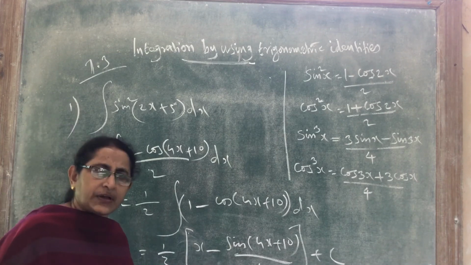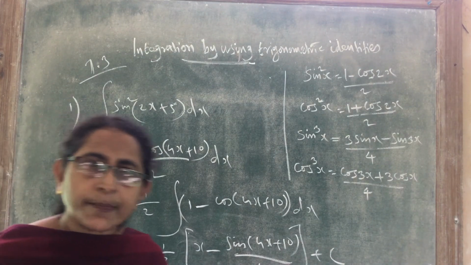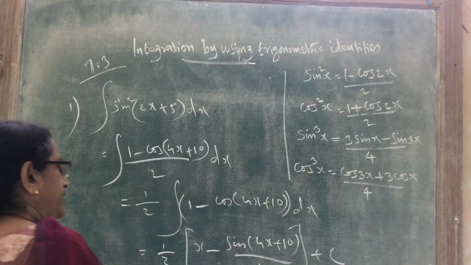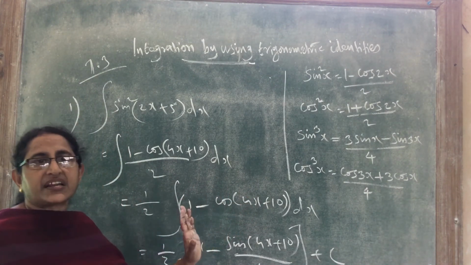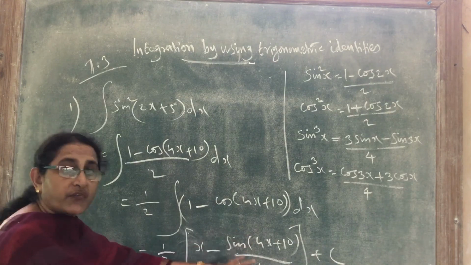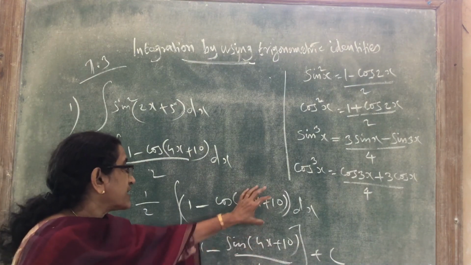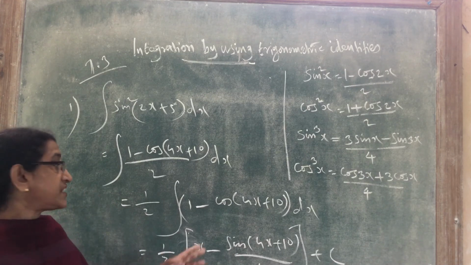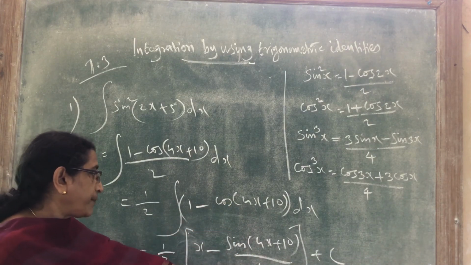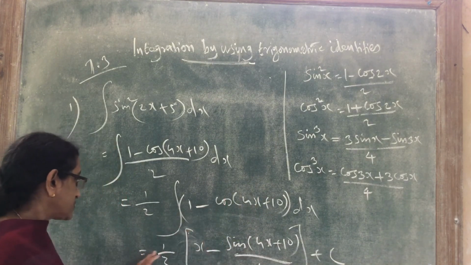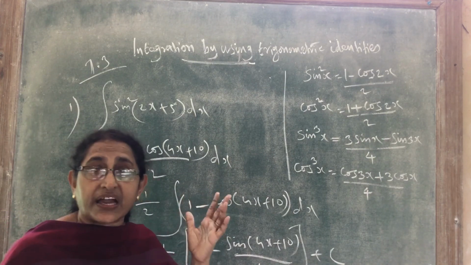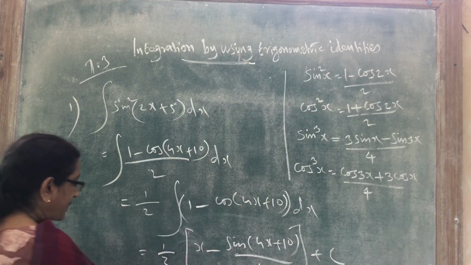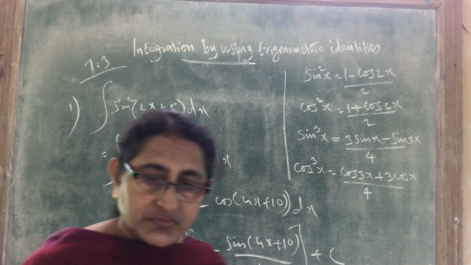That is actually the substitution method, but in this case we write it directly. The integral of cos 4x plus 10 is sin 4x plus 10 divided by 4, where 4 is the derivative of 4x plus 10, because in the place of x it is 4x plus 10. In the case of differentiation we multiply, but in integration we divide by that number. Now opening the bracket you will get the answer. Okay.